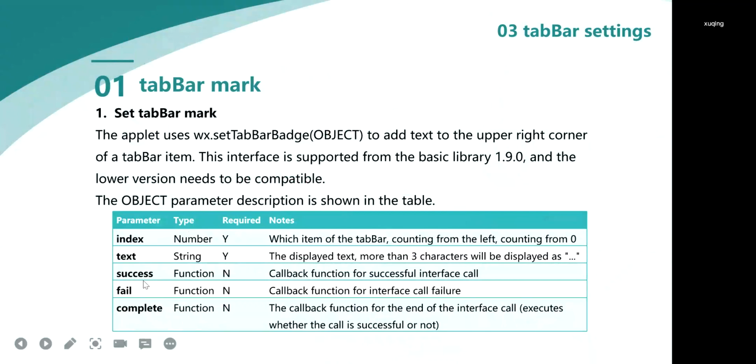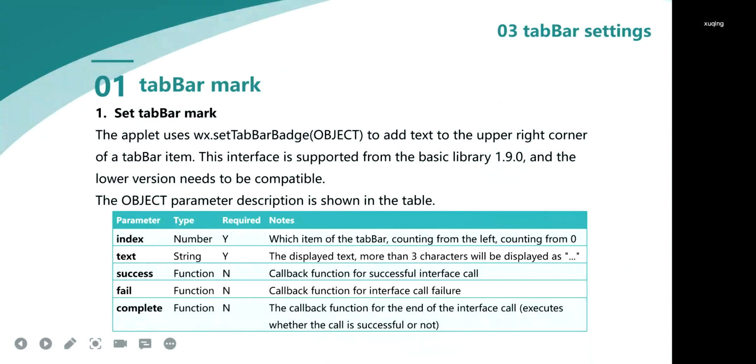Then with this, we can add text here at the upper right corner of our Tabbar item. And this interface is supported from the basic library 1.9, and the lower version needs to be compatible. Here we have a description of our 5 parameters: index, text, and 3: success, fail and complete.